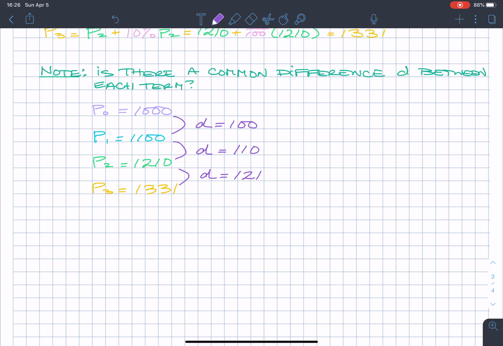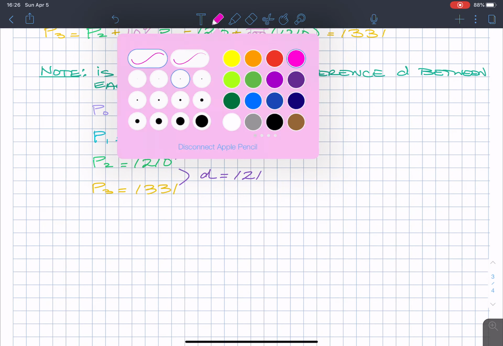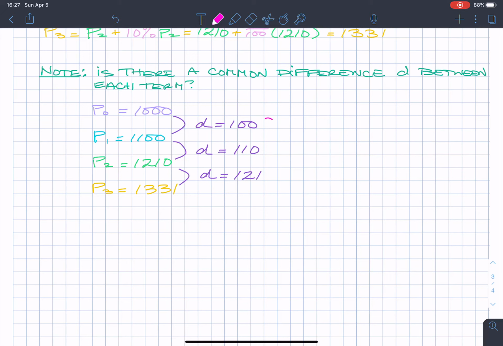Okay, so no, this is not linear, right? Do you agree these are not equal? These are all different, so not linear, because there is no common difference.